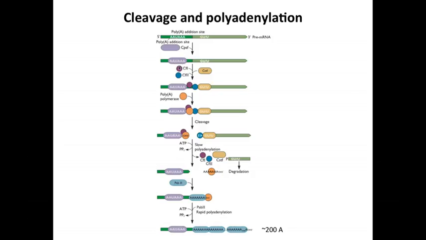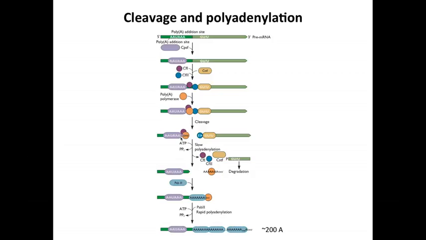That leads to the recruitment of a number of other cellular proteins, which are shown here, and those eventually allow an enzyme called poly-A polymerase to be recruited to this site. When poly-A polymerase arrives, the pre-mRNA is cleaved right downstream of the polyadenylation site. The cleavage product to the right is eventually going to be degraded and thrown away.